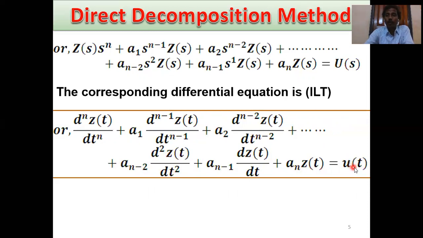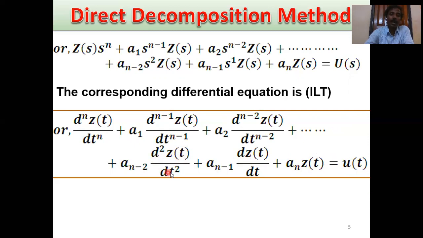This reference input may be step, impulse, ramp, parabolic, or sinusoidal. You can apply any type of input. z(t) is the output, the position of the output. dz(t)/dt is the velocity of the output, because it is the rate of change of position, and d^2 z(t)/dt^2 is the acceleration.